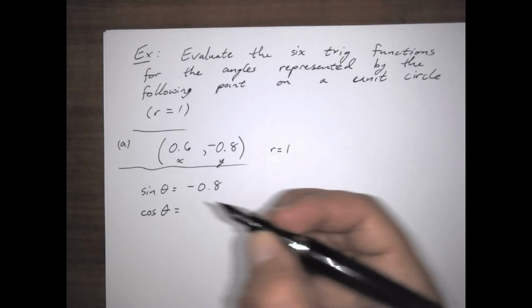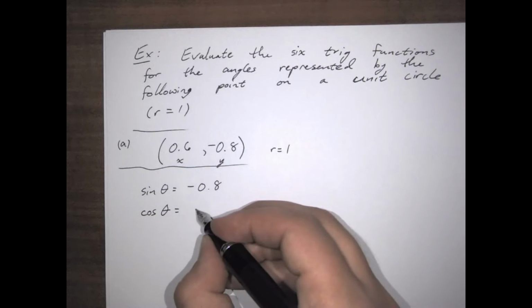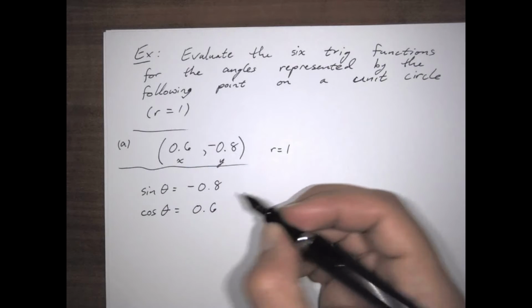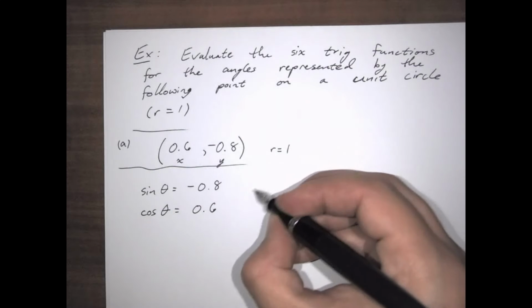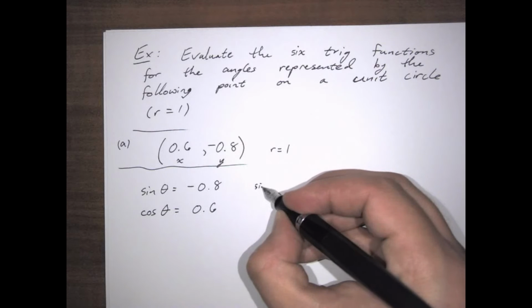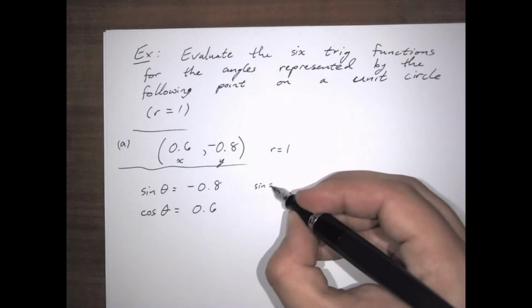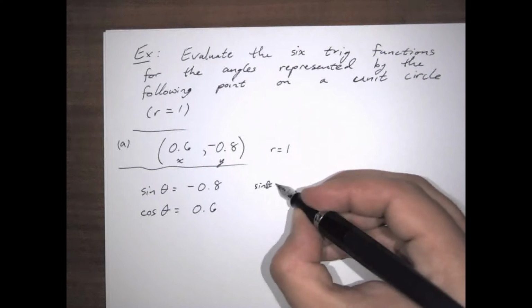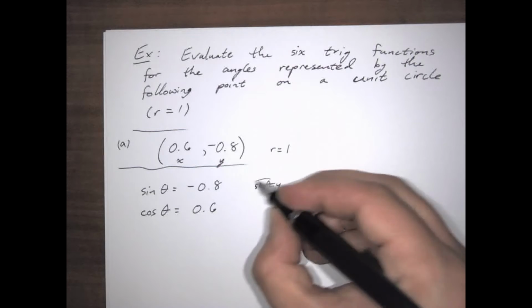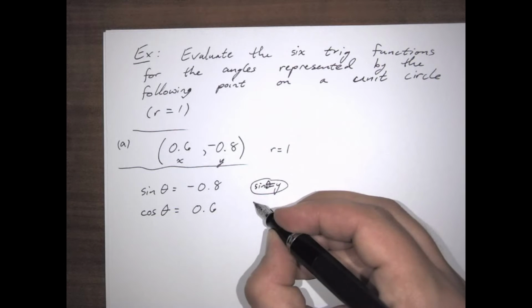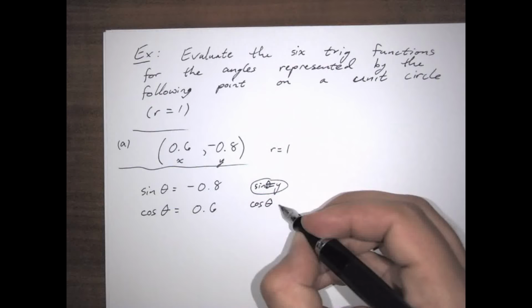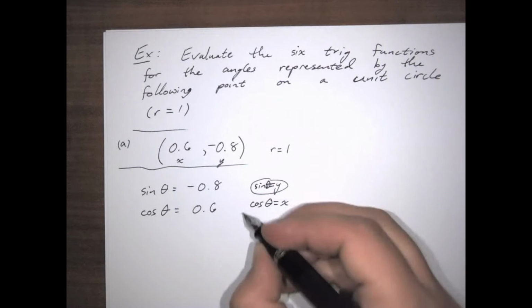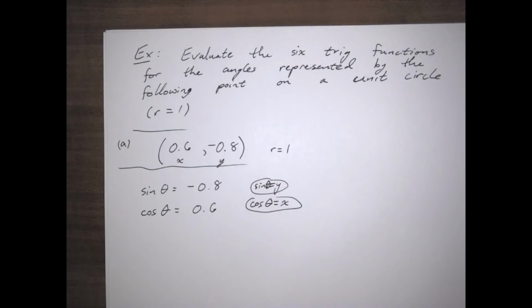Cosine theta is equal to just the x. So far, this is child's play. Nothing too hard.